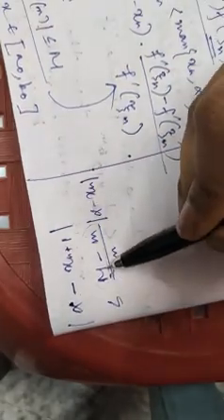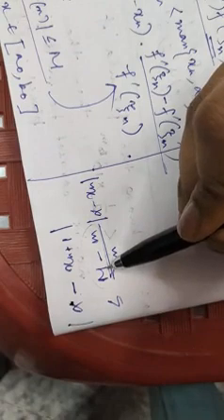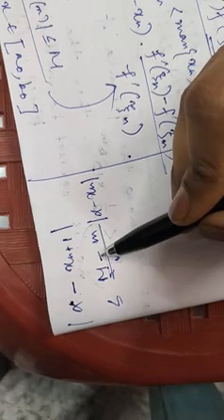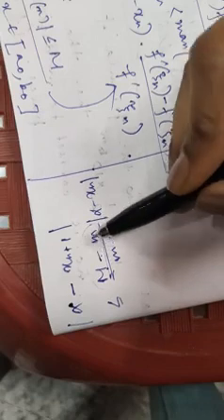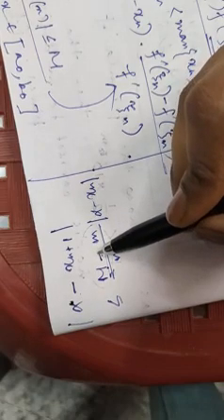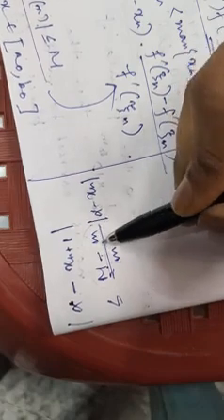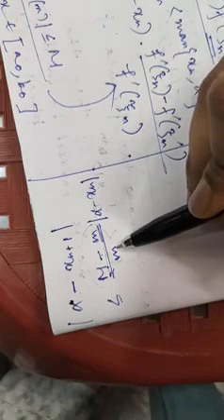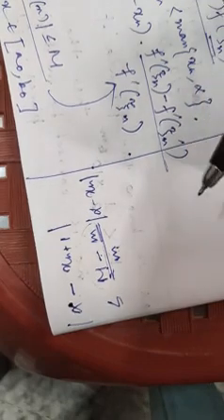Because in the numerator there was f dash xi n, which is less than or equal to capital M, because f dash x in that interval is less than or equal to M, minus f dash xi n dashed. Now there is a minus, that means minus of f dashed will be less than or equal to minus of small m. Then there is 1 by f dashed xi n, that means 1 by f dashed is less than or equal to 1 by small m, because we know the inequality changes when we take the negative or the reciprocal of the function. So this is why capital M minus small m by small m into alpha minus xn.